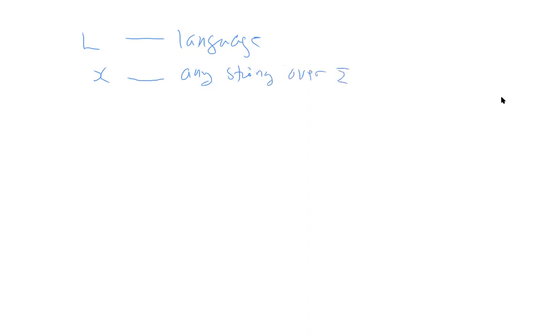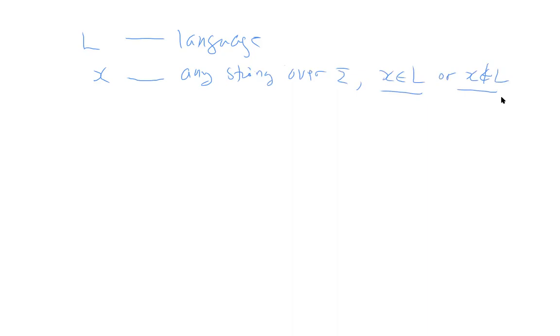Okay, so this X could be in L, or X could also be not in L. So we want to determine which one is the case. That's the question at hand.